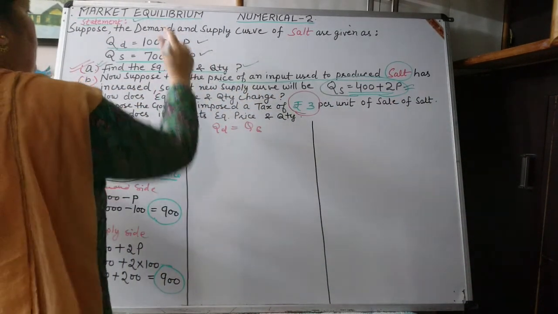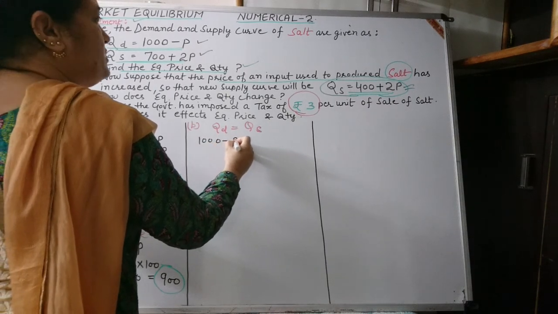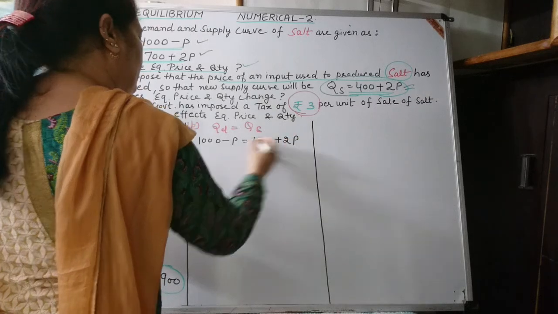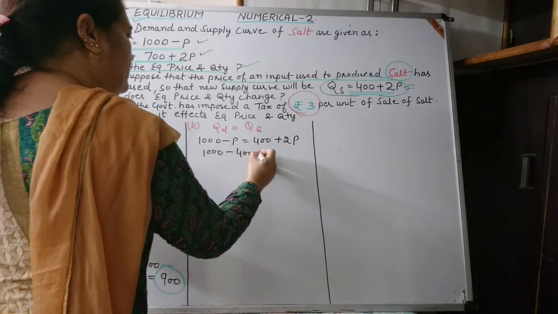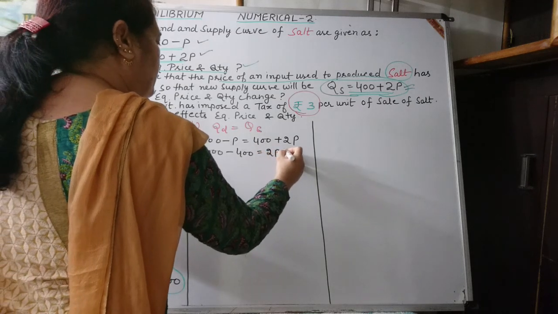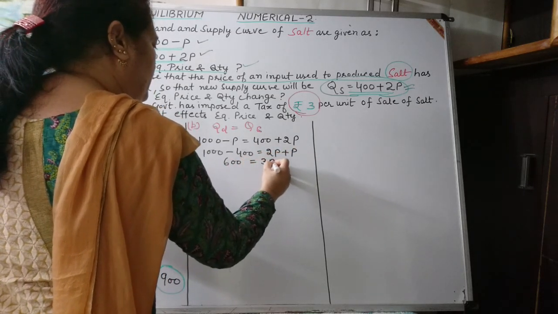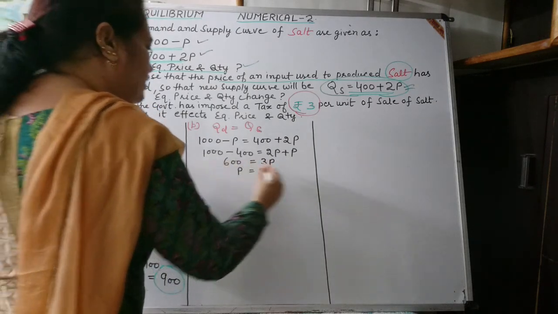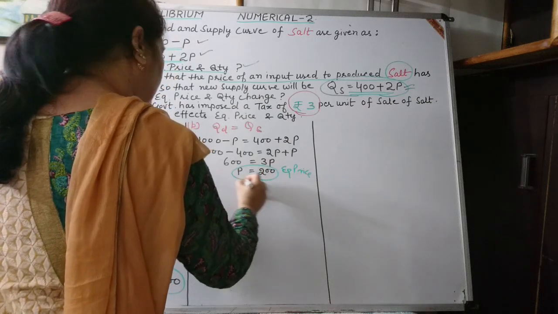QD will remain the same. 1000 minus P is equal to 400 plus 2P. 1000 minus 400 is equal to 2P plus P, or 600 is equal to 3P. P is equal to 200. So the value of the equilibrium price is 200.